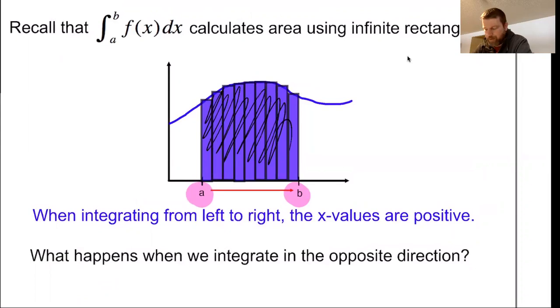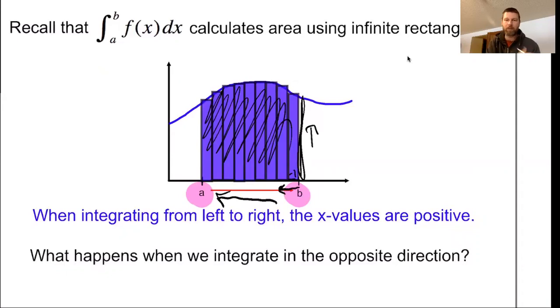What would happen if instead I integrated in the opposite direction? Well, going backwards, all of a sudden I'm going to have a negative movement for the x. So I have a negative direction this way and a positive direction that way. A negative times a positive is a negative.